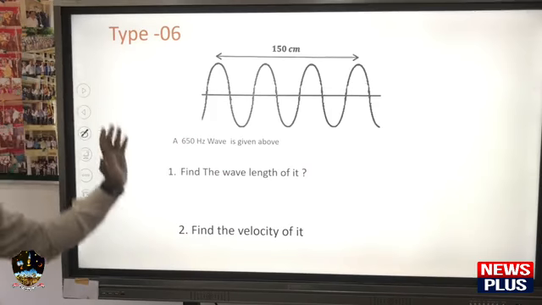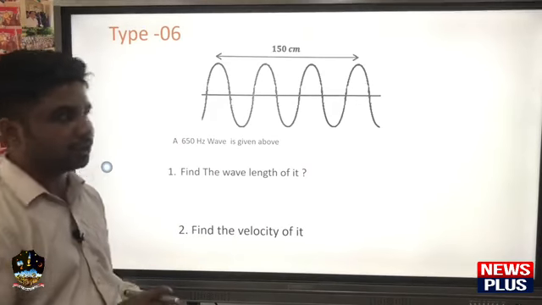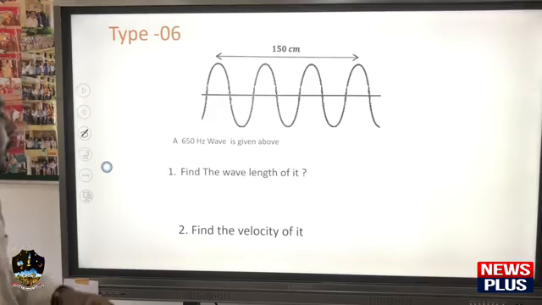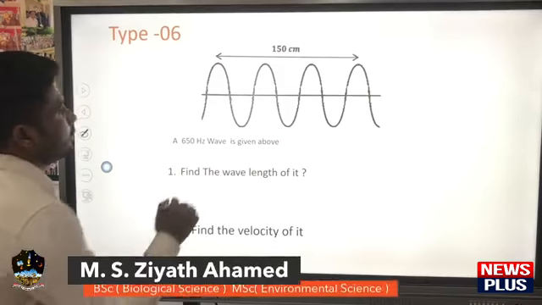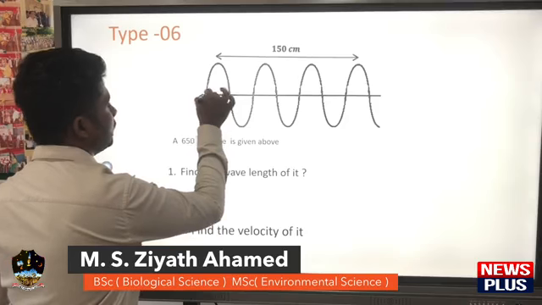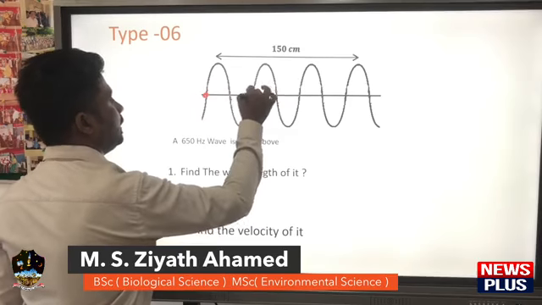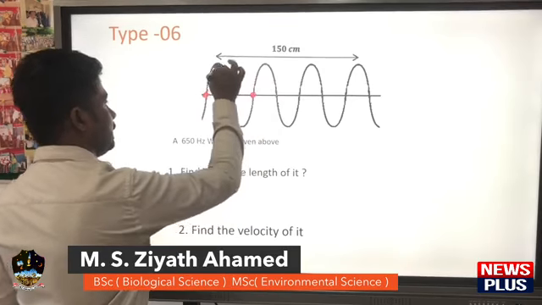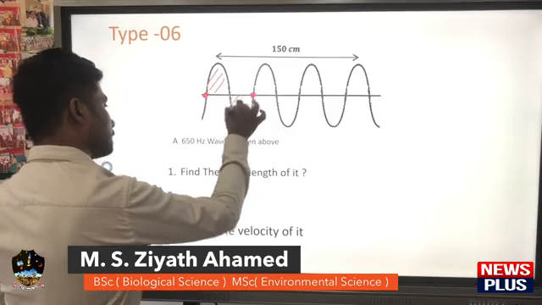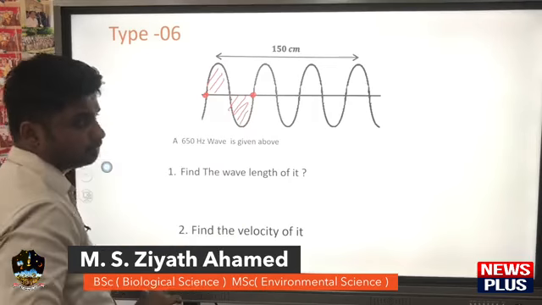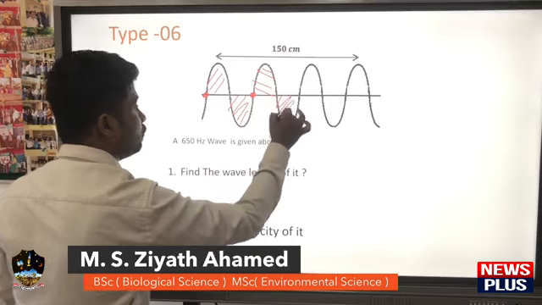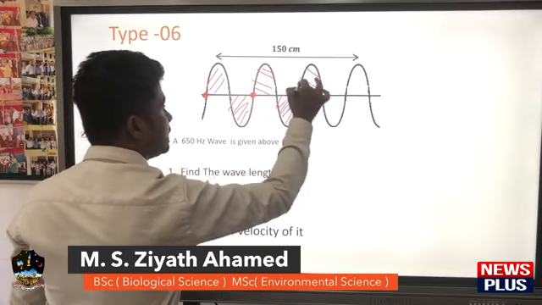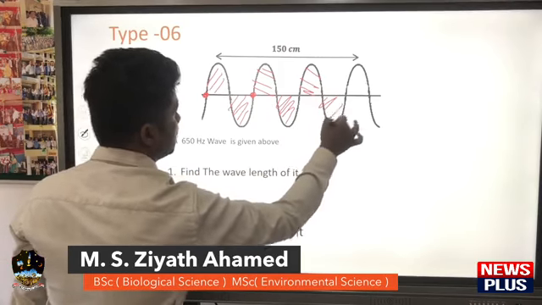Type 6, I think this is the final question. A wave is given here. This is a point, and this is a point, and this is one wave, another wave is 2 waves, and this is 3 waves.